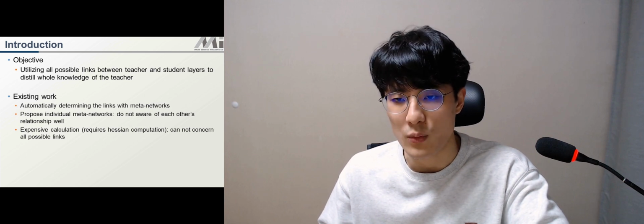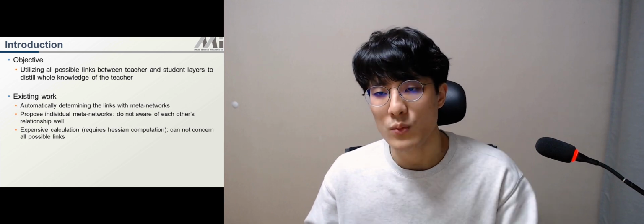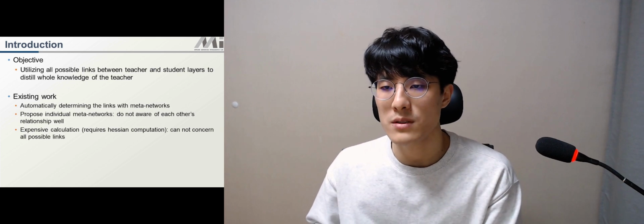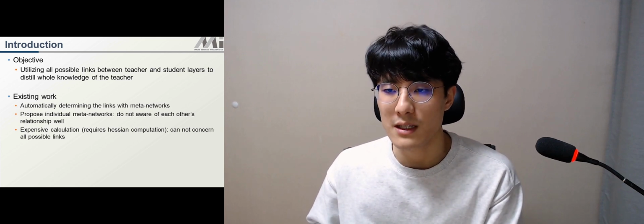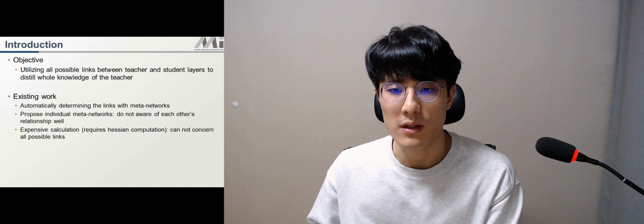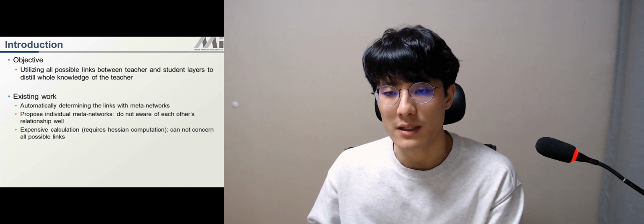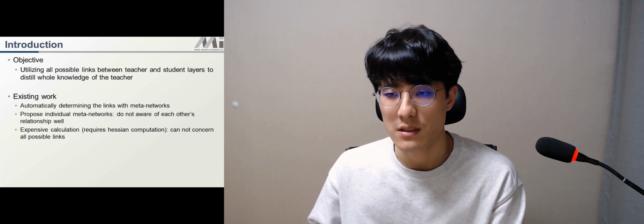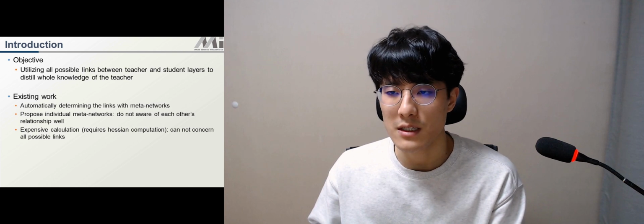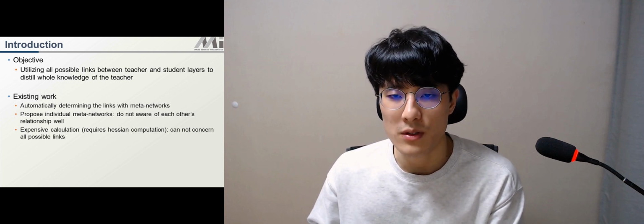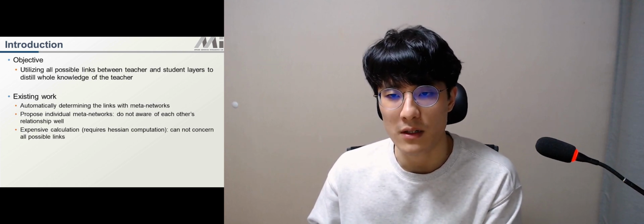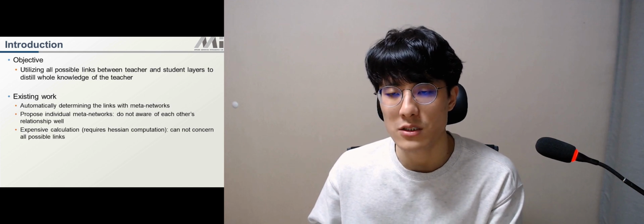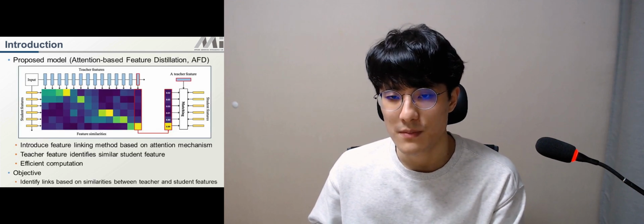But in existing work, each meta-network identifies the importance of each link. So, the relationship between the whole set of links is not well covered, and there is the limitation that a lot of computation is required because of the Hessian computation process.